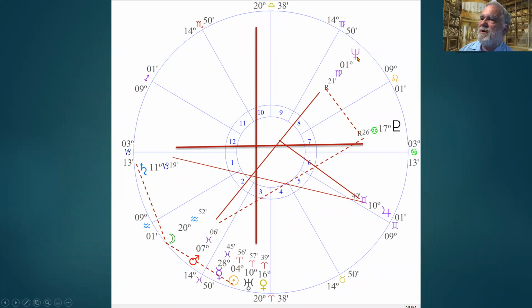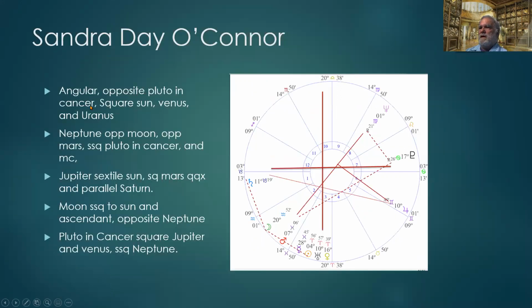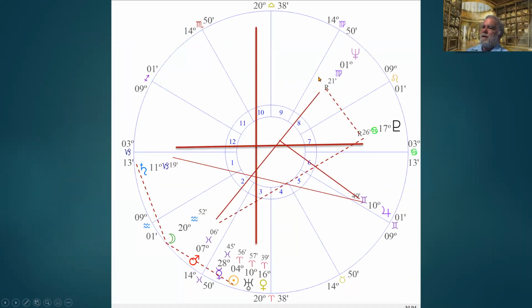But this becomes prominent by its elevation in the chart. And in addition, it's prominent because it aspects the moon. Neptune is opposite the moon, also opposite Mars, and then this semi-square and sesquiquadrate there with Pluto in Cancer. So, this is Neptune as one of our constants.